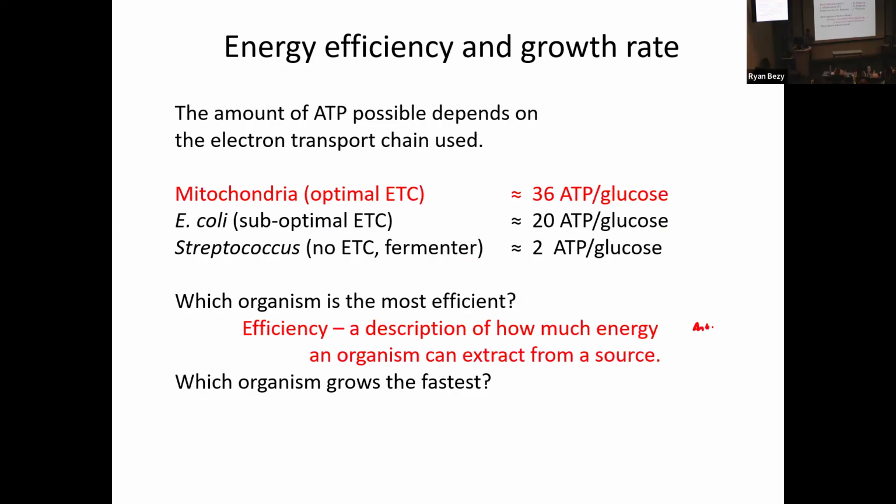And the more energy per source, the more efficient. Questions about that? Okay. Because we're getting more ATP per glucose, it's more efficient.